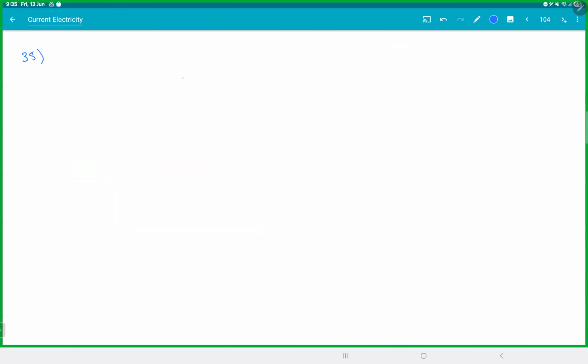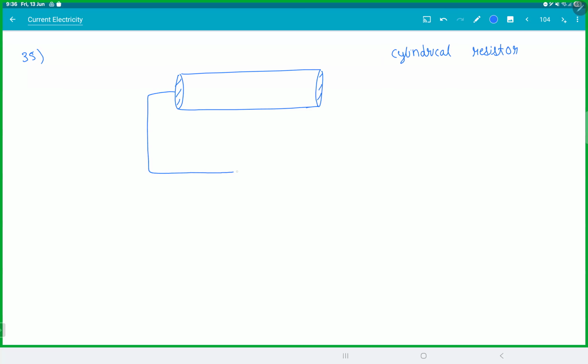Next thing. So we got a cylindrical resistor here, connected to a battery. The radius is A, length is L, rho is the resistivity.